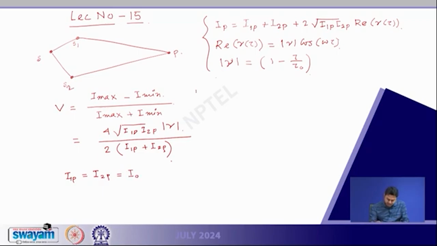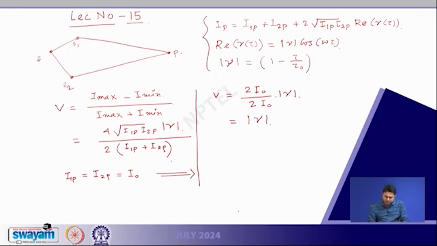If that is the case, I can write V is equal to this, the 1 and 2 will cancel out, so it should be 2 of I0 mod gamma, divided by 2 of I0. So the visibility is essentially determined by the gamma when the two sources are the same.